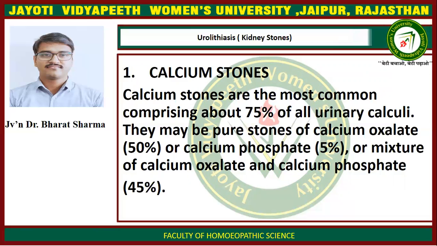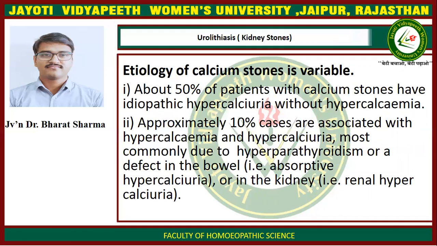They may be pure stones of calcium oxalate, about 50%, or calcium phosphate, about 5%, or mixture of calcium oxalate and calcium phosphate, about 45%. Etiology of calcium stone is variable. First, about 50% of patients with calcium stone have idiopathic hypercalciuria without hypercalcemia.